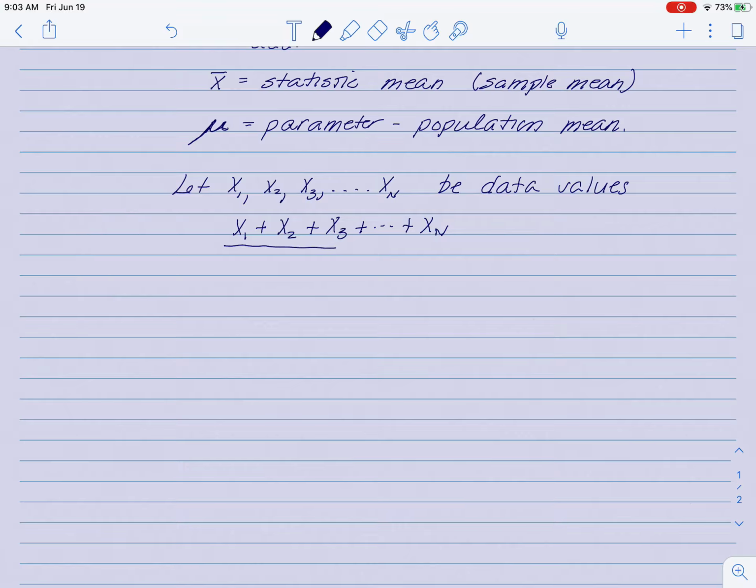And then we're going to divide by the number of data points that we have. That's going to be our mean value.